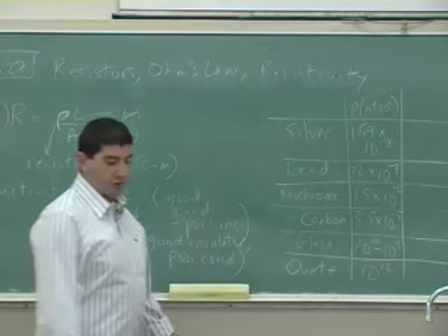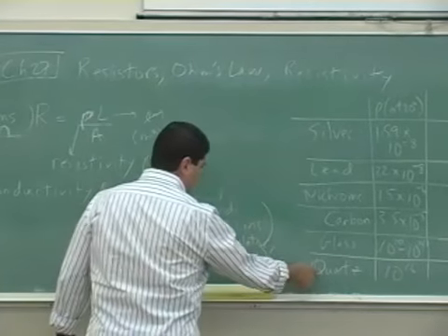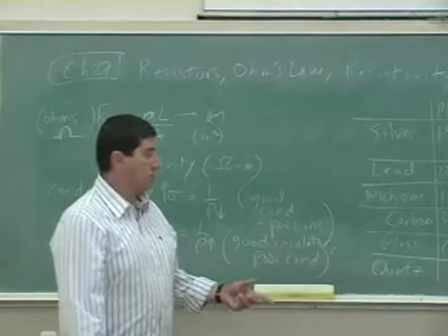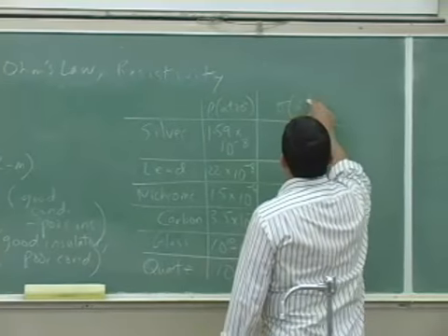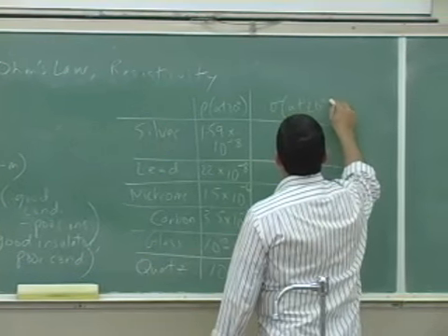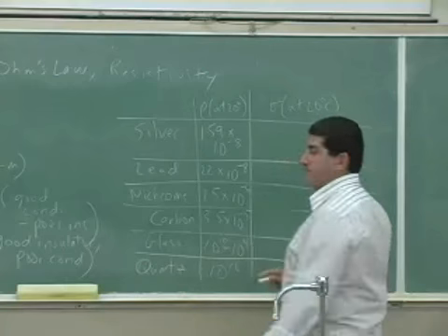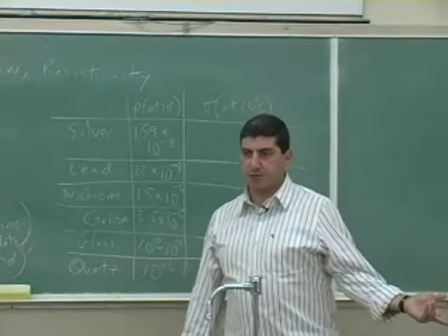So out of this list, this would be the highest rho, the biggest rho. That means the conductivity is the smallest. So if we were to make a column here, sigma at 20 degrees Celsius, they don't give you the sigma, but all you would have to do is just reciprocate it, right?